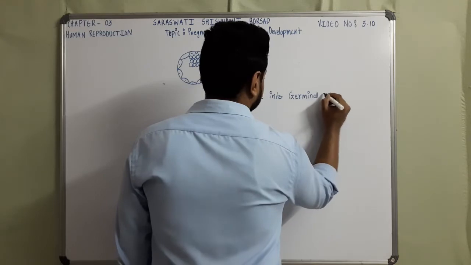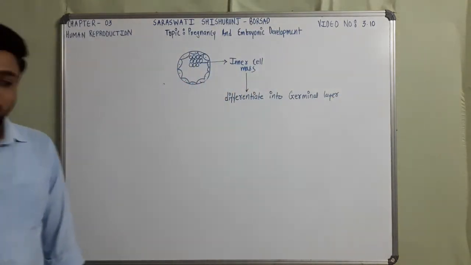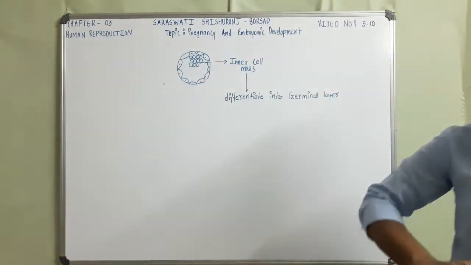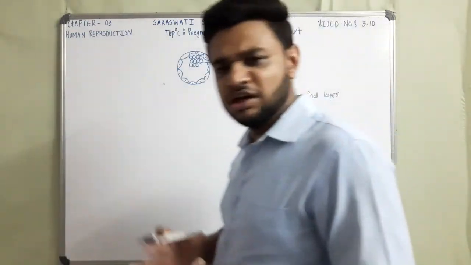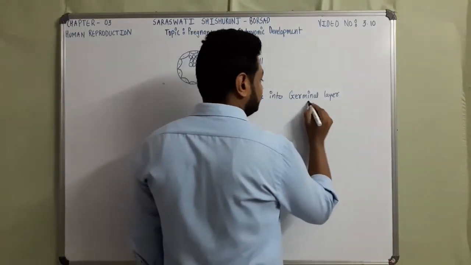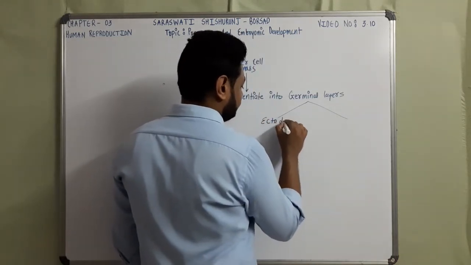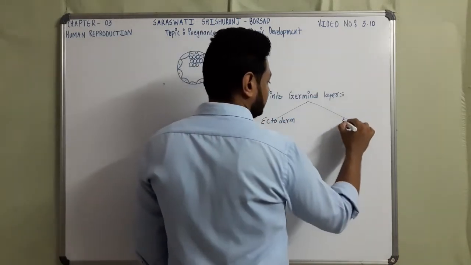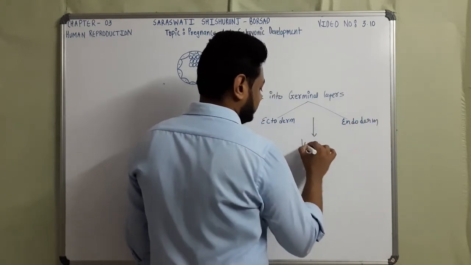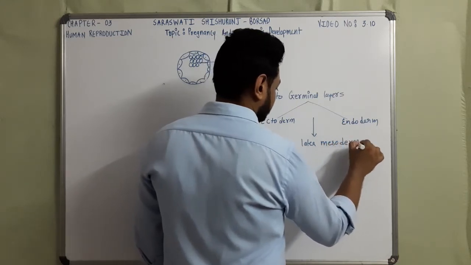Which are germinal layers? We have already studied in standard 11, chapter 4, animal kingdom, the role of these germinal layers. These germinal layers are going to form the organs and tissues of the body. Ectoderm and endoderm develop first, and then later mesoderm develops.